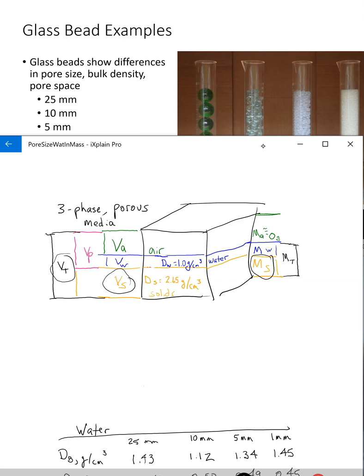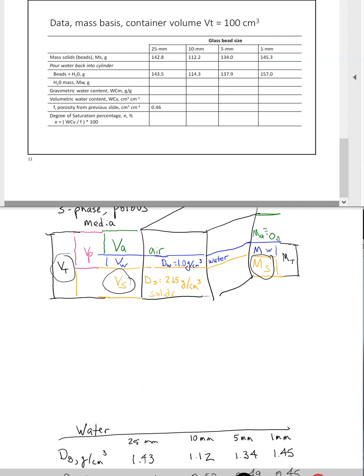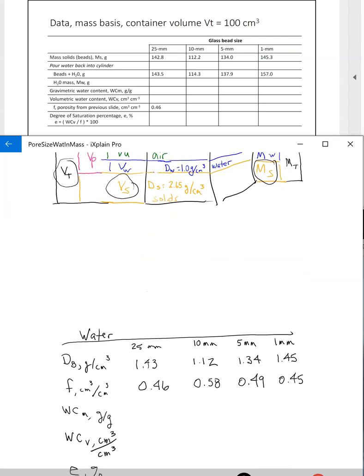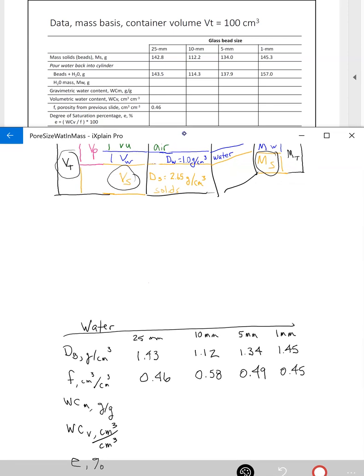So at this point, let us finish these calculations rather quickly for what happens when we poured the water out of the graduated cylinders with the beads, and then took our masses again to see how much water is left in the beads once we've done that.